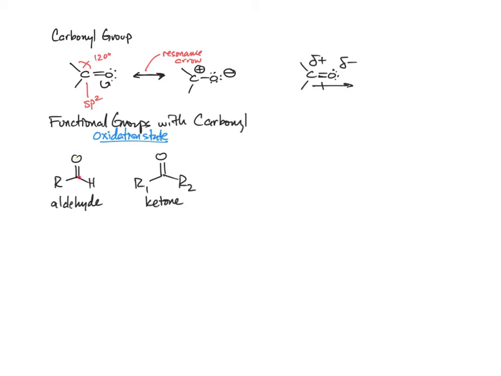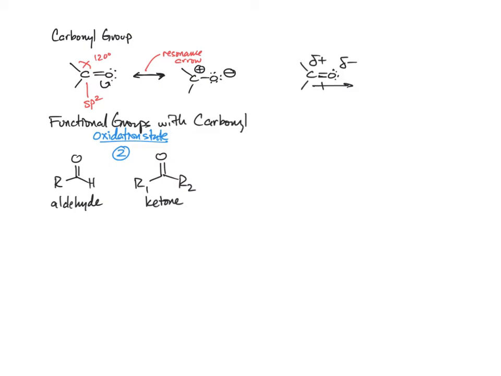So we have 1, 2. Here we have 1, 2. So I'm going to call these oxidation state 2 functional groups, aldehyde and ketone. And the reason I'm keeping it simplistic like that is simply so that we can count to determine if an oxidation or a reduction has occurred.